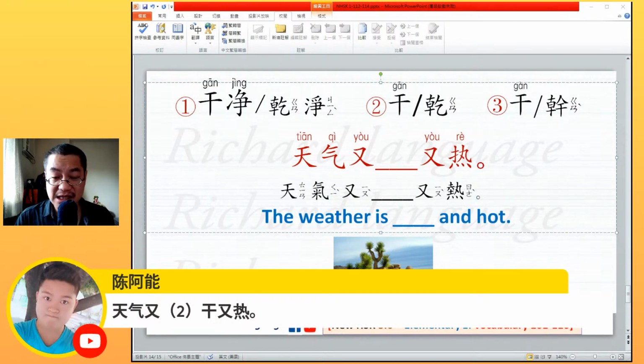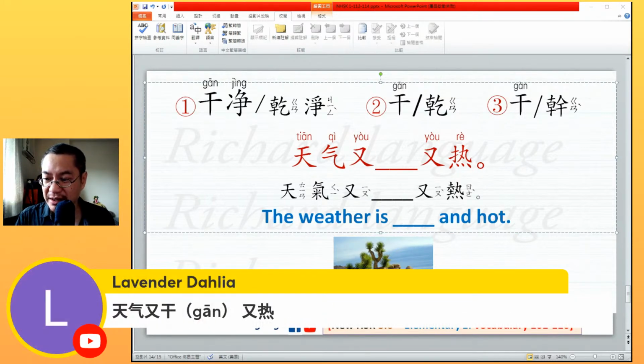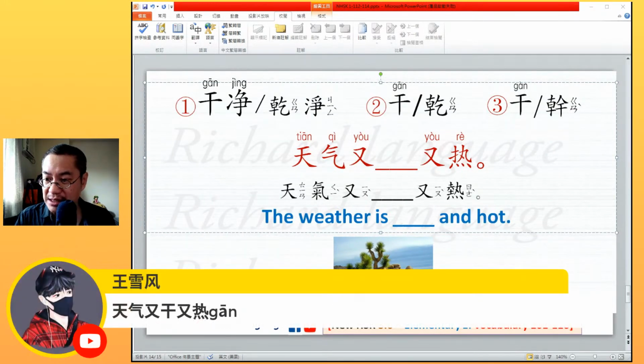阿能，天气又干。干 is the adjective, which means dry. The weather is dry and hot. 又干又热。Very good. Delia, 天气又干又热。雪峰，天气又干。Remember, the first tone means dry, adjective.